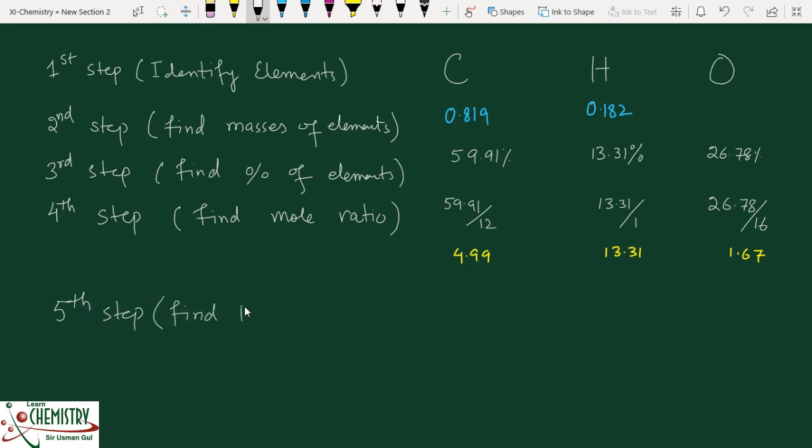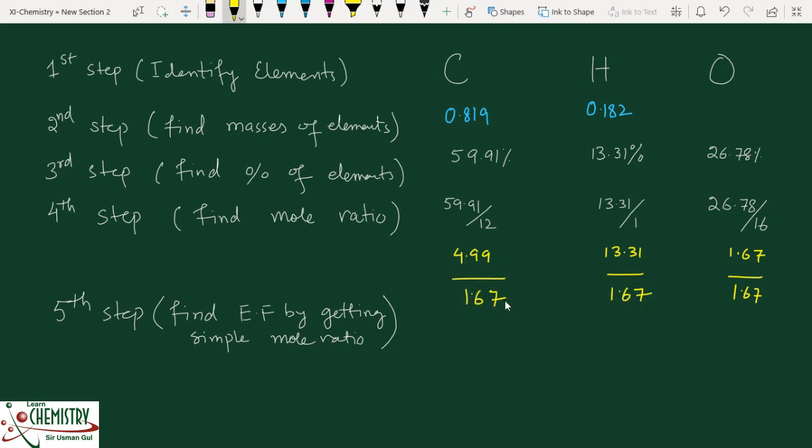find empirical formula by, basically we can say, by getting the simple mole ratio. Okay, we have already the mole ratio, but this is not the simple. So which one is the lowest value? This one, 1.67. We will divide everyone by 1.67.